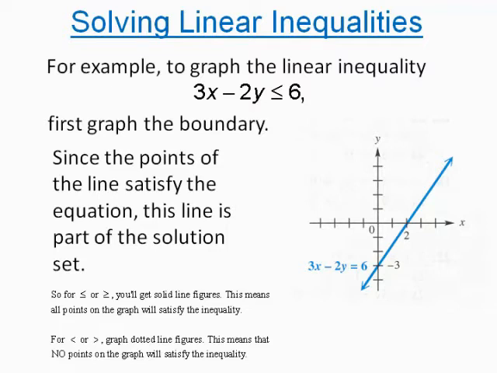So for example, to graph this linear inequality, 3x minus 2y is less than or equal to 6, I'm sorry, waking up here this morning, there is just an equal sign in here. We'll act like it's equal, and remember, to graph this line in this form, the best way was to find the intercepts.